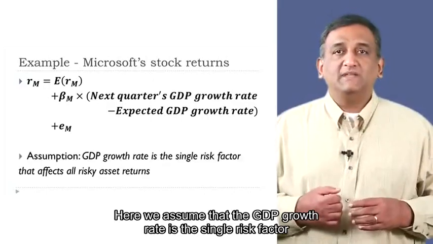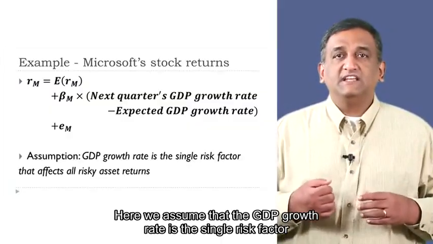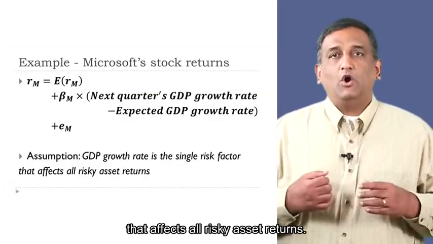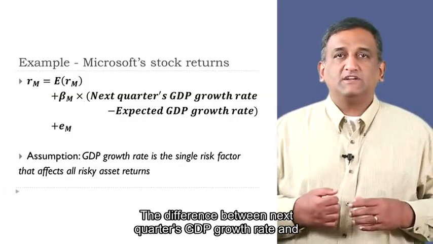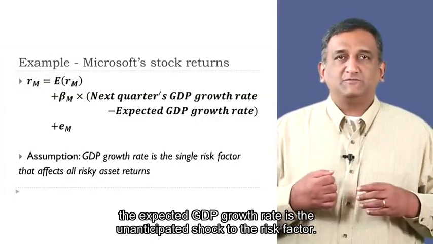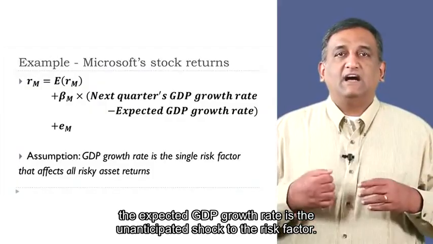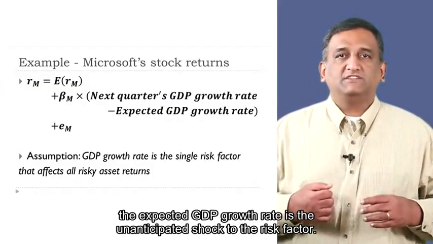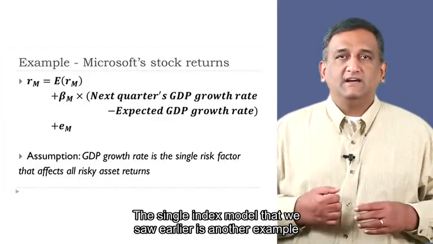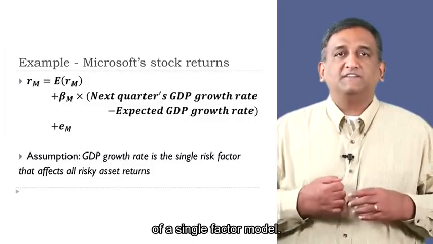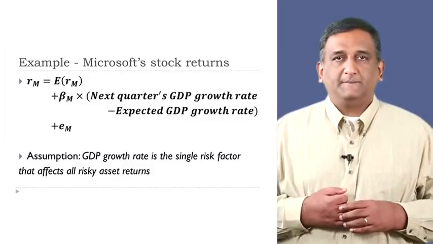Here we assume that the GDP growth rate is the single risk factor that affects all risky asset returns. The difference between next quarter's GDP growth rate and the expected GDP growth rate is the unanticipated shock to the risk factor. The single index model that we saw earlier is another example of a single factor model.